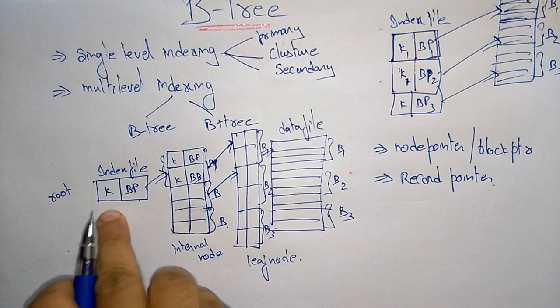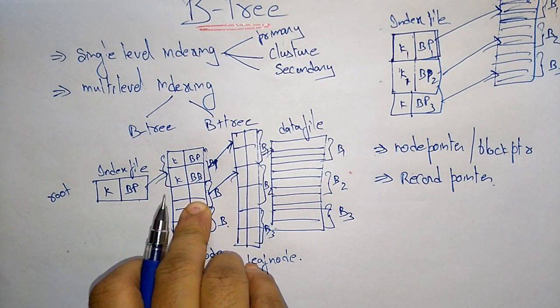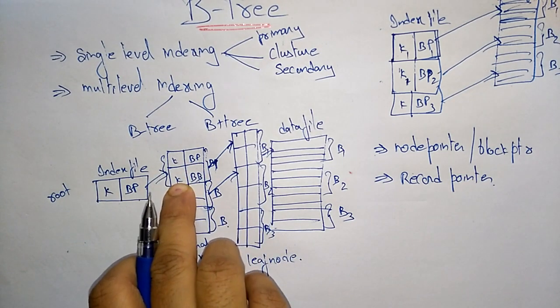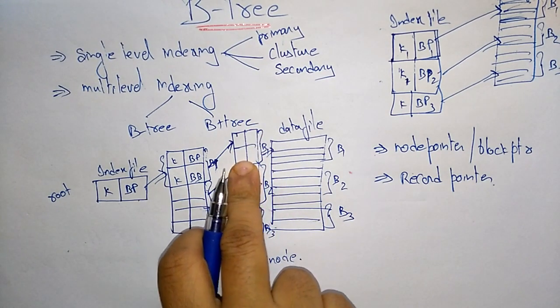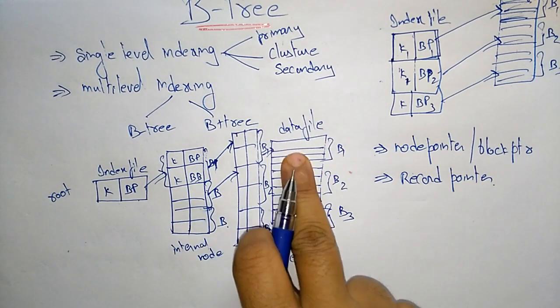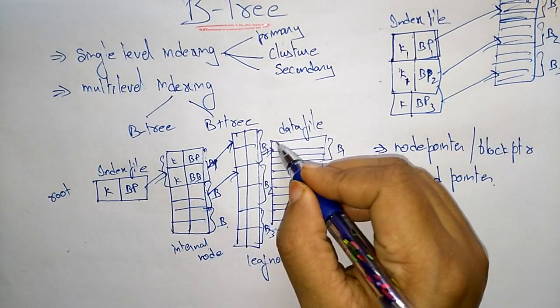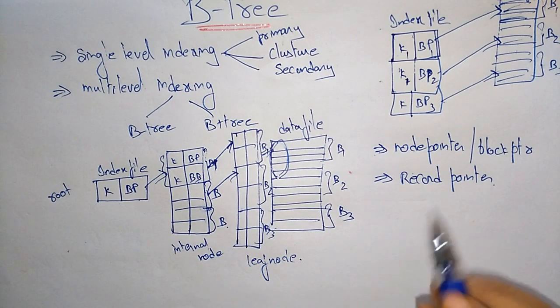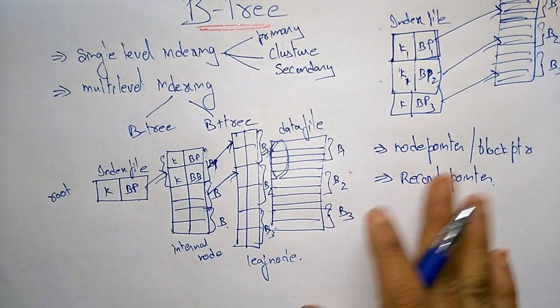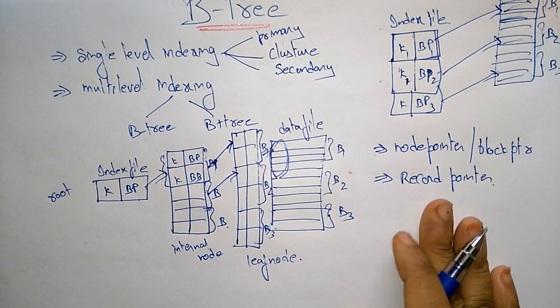A record pointer points to the record where the data exists. Again, this record pointer points to that file, the record where the data is present. The exact main data will be present in the data file. So multi-level indexing consists of a block pointer and a record pointer.